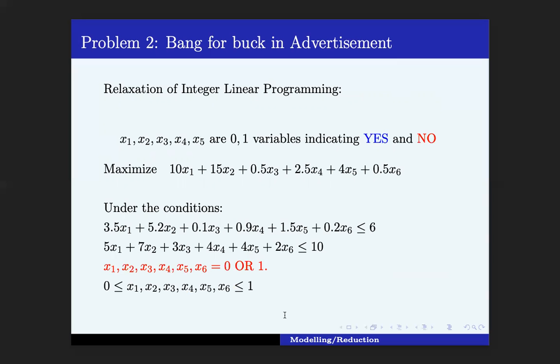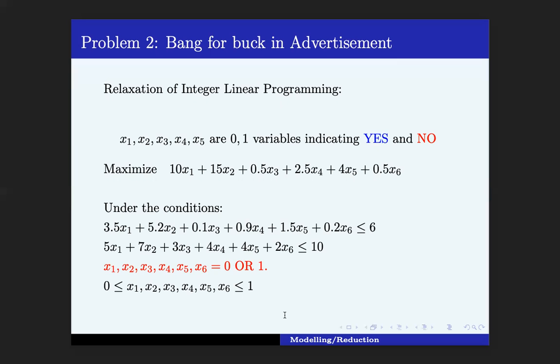Of course, I can now solve this problem. This problem becomes an LP. I can solve it. But the optimization might give us things like, you should invest 0.7 of the World Cup and 0.3 of the IPL or something like that.